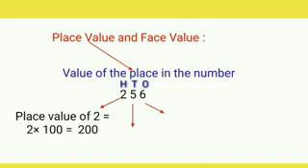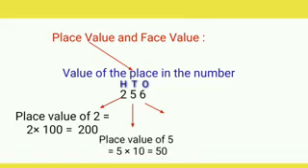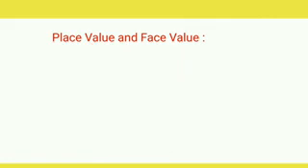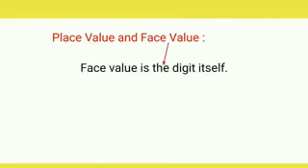Now the place value of 5 is 50, that is 5 tens, and the place value of 6 is 6 ones, which is 6. Now the face value of a digit remains the same irrespective of its position in the number. That means the face value of a digit in a number is the digit itself.